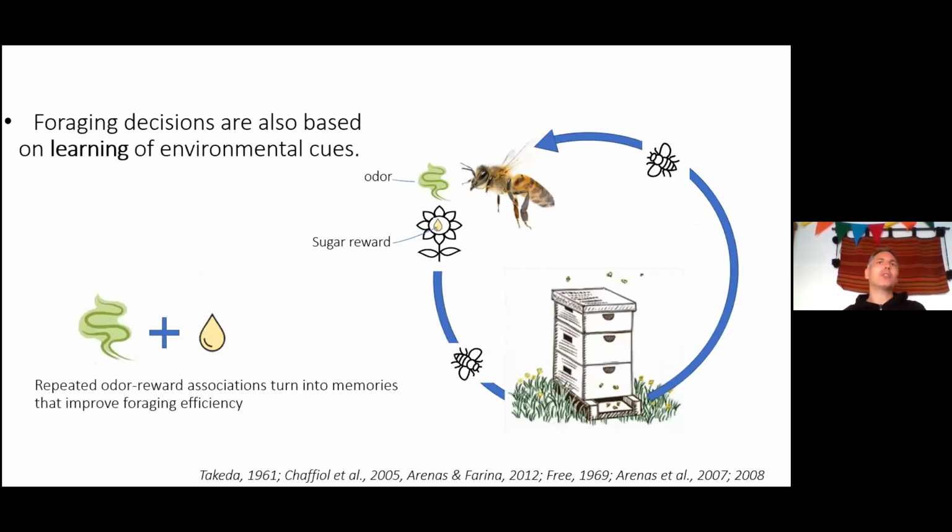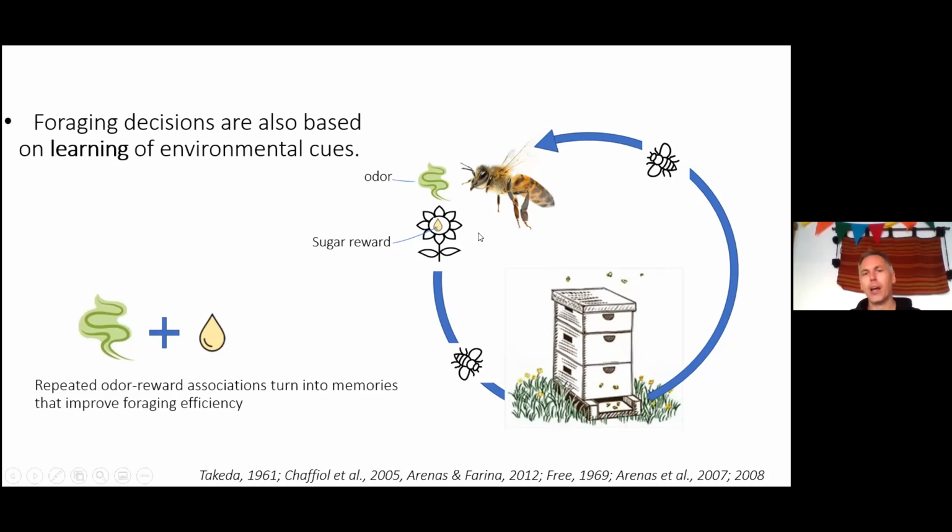Another very important aspect of foraging behavior is learning of environmental cues that predict food resources. When a honeybee or a forager discovers a flower or a floral patch, she can associate neutral cues from the flower, such as, let's say, the odor or the flower color, or even their shape, with the reward that the flower provides.